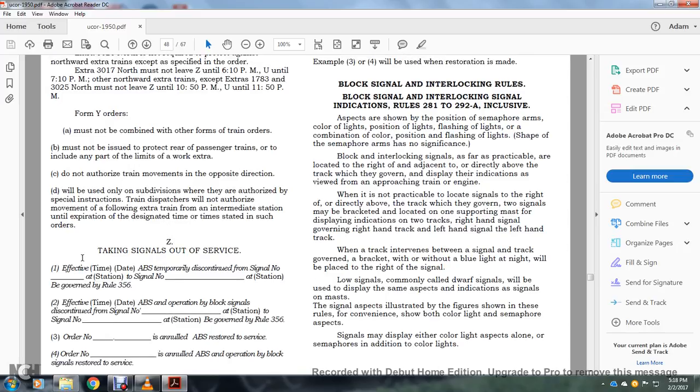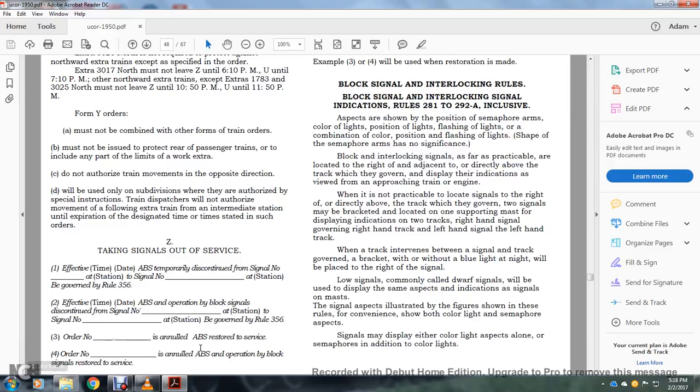So, taking signal services: effective time of day, absolute block service temporarily discontinued for single number at the station and single number at the station, being governed by rule 356. Effective time of day, absolute block system operating by block signals discontinued for single number at the station, governed by rule 356. Order number blank is annulled. Automatic block signal is restored to service.